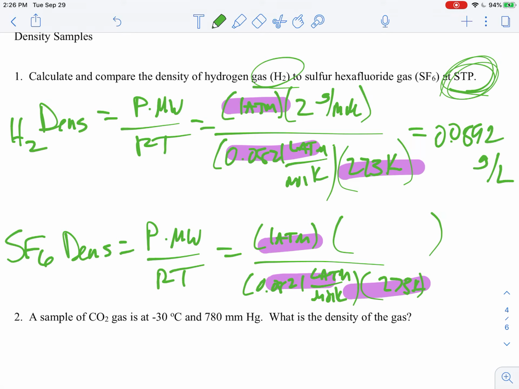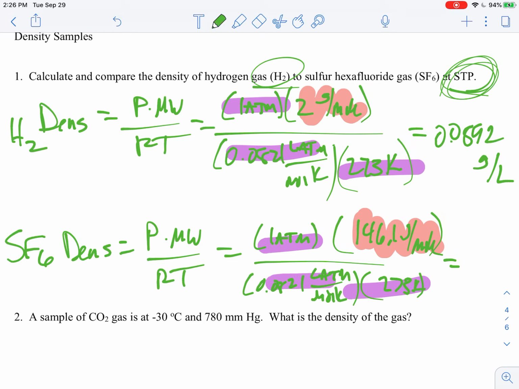So sulfur hexafluoride has a mass of 146.1 grams per mole. And so this is going to be the same exact thing except with 146.1 in for the mass instead of 2 that's there. So it's 146.1 divided by 0.0821 and the 273.